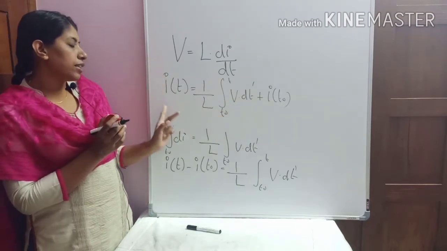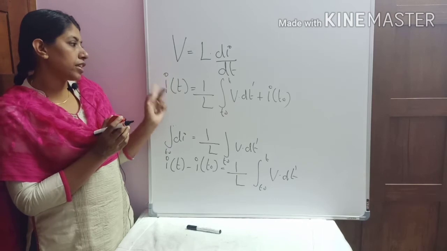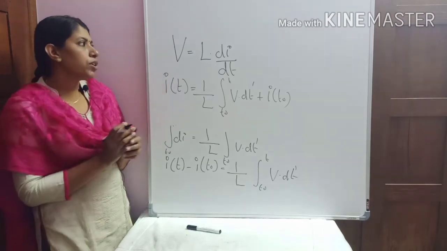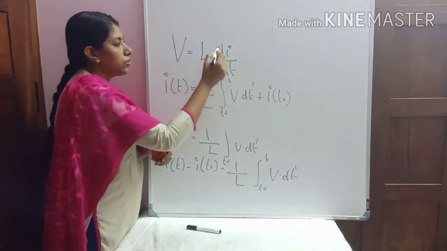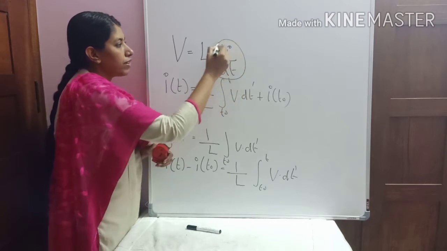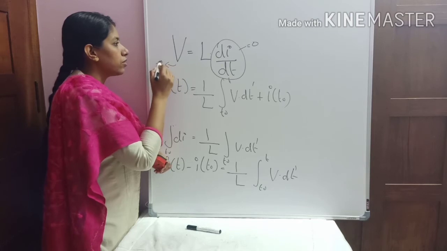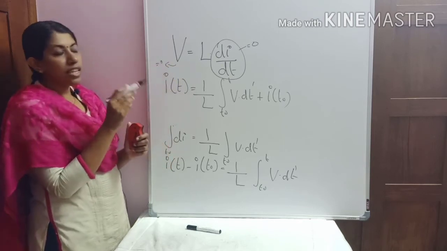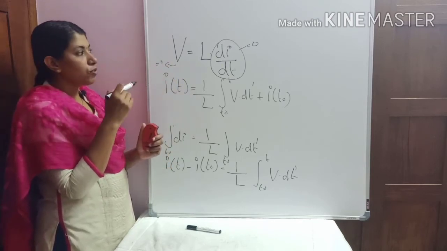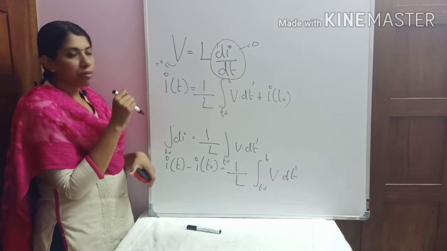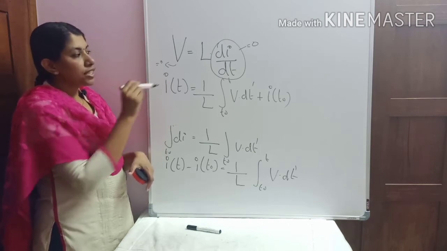So these are the equations relating voltage and current through an inductor. Now if you look at this equation, when this particular factor is equal to 0, the voltage through the inductor is 0. That is, when the change in the amount of current is 0, the voltage is 0. What does that indicate?